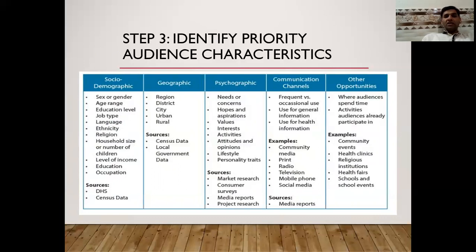Psychographic: needs, concerns, hopes, aspirations, values, interests, activities, attitudes. Communication channels: you know social media and print media have revolutionized our ways. Other opportunities: where audiences spend time, their activities, what their social life is, where they are likely to socialize with each other. So these areas you need to know.